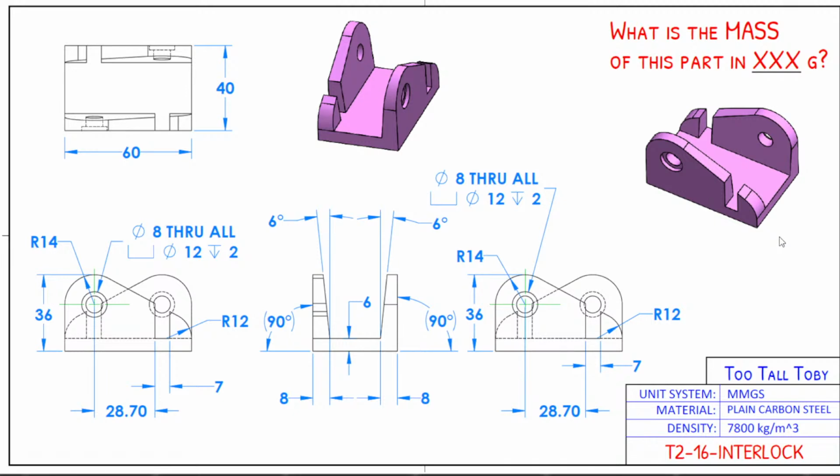Your challenge is to take this drawing, which is in plain carbon steel, 7,800 kilograms per cubic meter, and turn it into a 3D CAD model, and tell me what is the mass of this part in XXX grams. That's your challenge today. So take a screen capture of this part so that you can keep working on it while we go through the PowerPoint and talk for just a few more minutes about the world of TooTallToby.